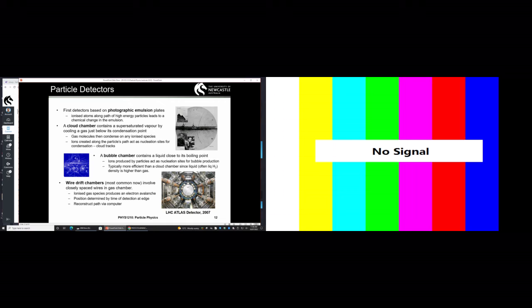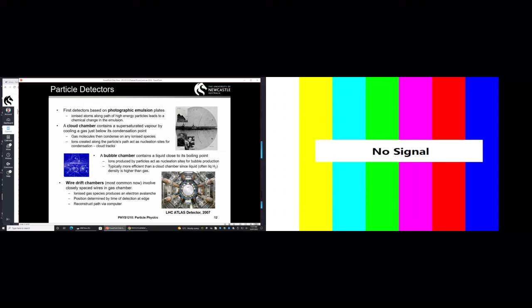Initially, the first detectors were just using a photographic emulsion, where when the particle went through, it created a chemical change that you could then see. And then there are various different technologies now that allow us to detect the passage of those particles.